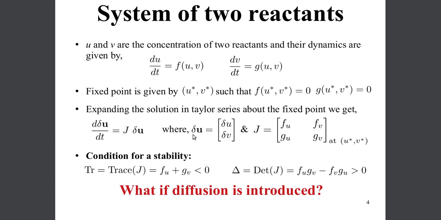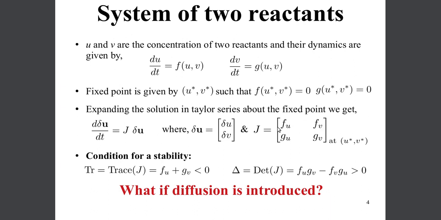This J is called the Jacobian matrix. The elements of this Jacobian are f with subscript u, where the subscript means the partial derivative with respect to u, and if the subscript is v, that means the partial derivative with respect to v.